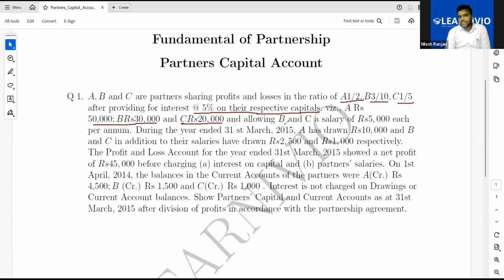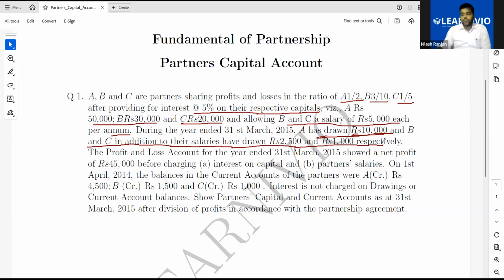And allowing B and C a salary of 5,000 each. During the year ended 31st March 2015, A has drawn 10,000. B and C, in addition to their salary, have drawn rupees 2,500 and 1,000 respectively.